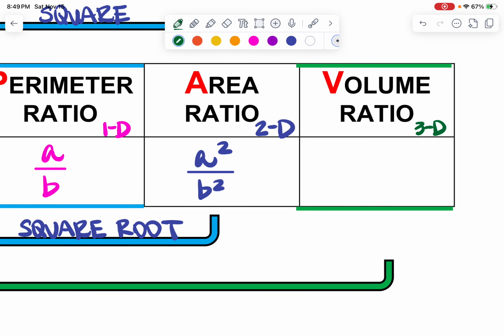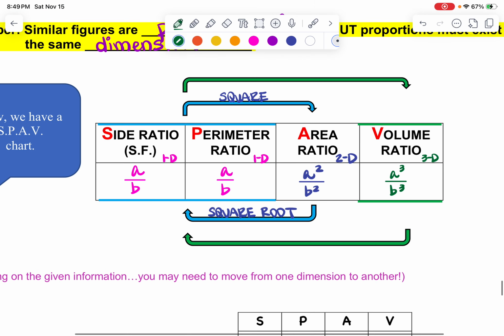So now that we're in the third dimension, everything has to be cubed, which is why our units are cubed when we do volume. So our ratio is A cubed to B cubed. Now, I want you to notice that we don't have any arrows that go directly from 2D to 3D. That's super important. It's not that you can't do it, but you haven't really learned about fractional powers and exponents yet.